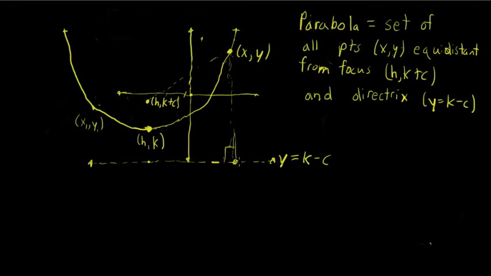So the point we're going to be looking at here is x comma k minus c, because this line is the line y equals k minus c, so it takes on all values of x. But when we're looking at this perpendicular distance, we're concerned with the point x comma k minus c. So these two distances are equal.